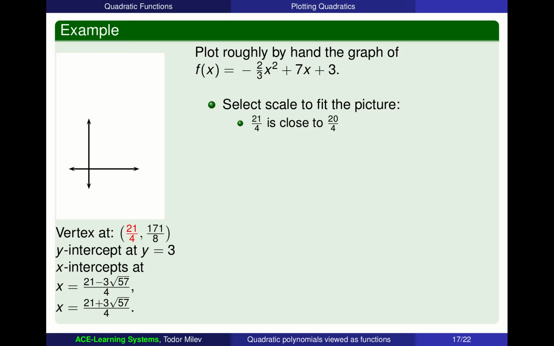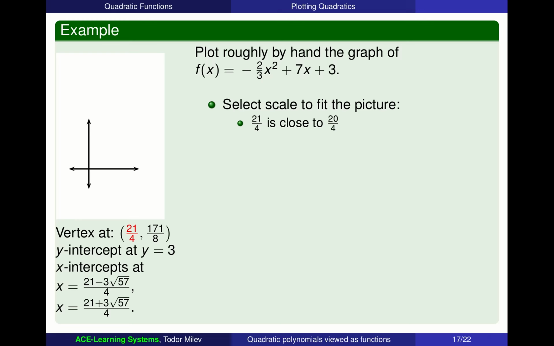By the way, I want to stress that one of the reasons I'm doing all computations by hand here, rather than with a calculator, is that I'm assuming that I do not have access to a calculator. Because if I did have access to a scientific calculator, I would just plot my function. So it is assumed that I do not have access to a calculator, and it is important to carry out all computations by hand.